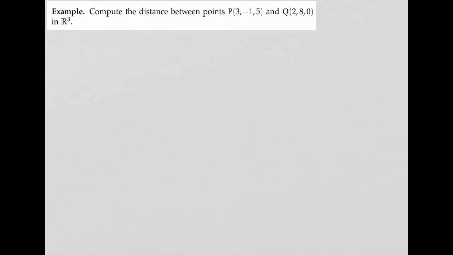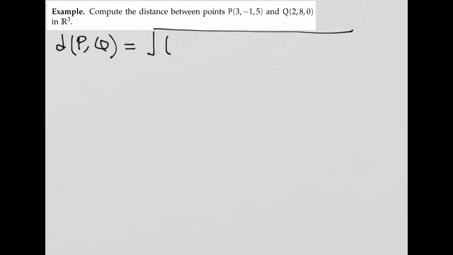Compute the distance between points P (3, -1, 5) and Q (2, 8, 0). So the distance between P and Q is the square root of the x-coordinate of Q minus the x-coordinate of P. That's 2 minus 3 squared.